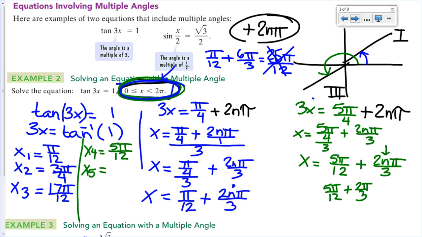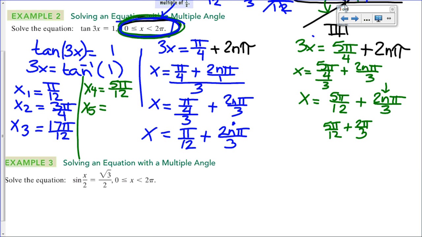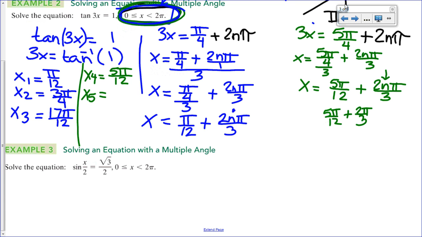Remember, this n here is a 1. What do we get? 13 pi over 12. Okay. We're still good, right? Is it less than 2 pi? Yes, it is. If we get past 24 pi over 12, that means we're past 2 pi.